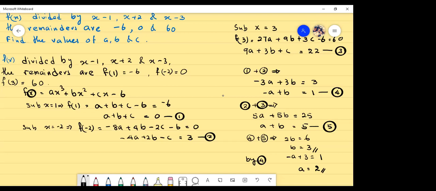Now we can use the first one to get the c. When we substitute a equal 2 and b equal 3, c becomes minus 5.